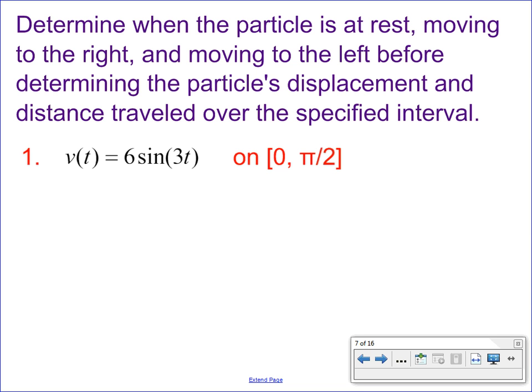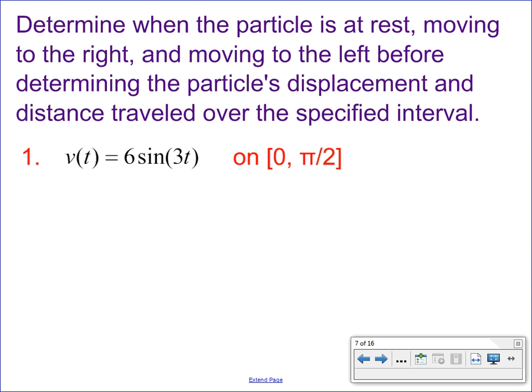Let's get cracking. So given a particle's velocity function, can we determine when the particle is at rest, moving to the right, moving to the left, before determining the particle's displacement and distance traveled over the specified interval? Absolutely. And we're going to do it 2 different ways as we continue to marry non-calculator with calculator-allowed methods in accordance with the AP curriculum. So here we go.